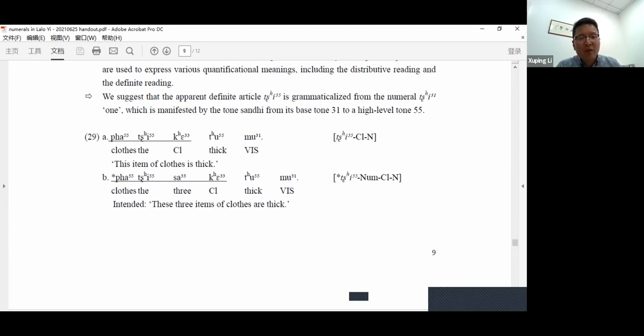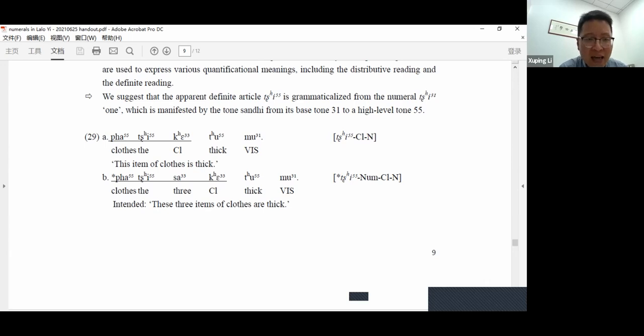So there are really different ways of deriving the counting predicate numeral classifier. I was thinking the real difference, the signature property of being a classifier language, is to have the numeral classifier as its predicate, which means in non-classifier languages, their numerals can be used in predicate positions independently by themselves.